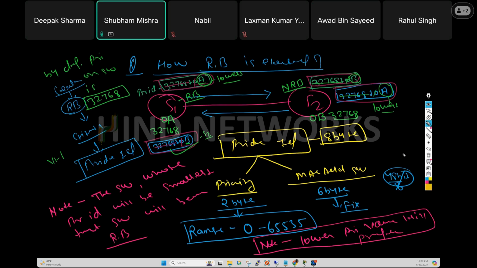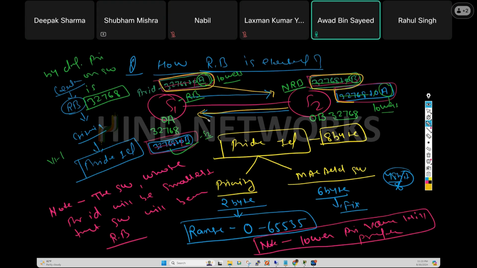Switch number 1 shares its bridge ID with switch number 2, and switch number 2 shares its own bridge ID with switch number 1. Yes or no? At the initial state, both switches exchange their bridge IDs.